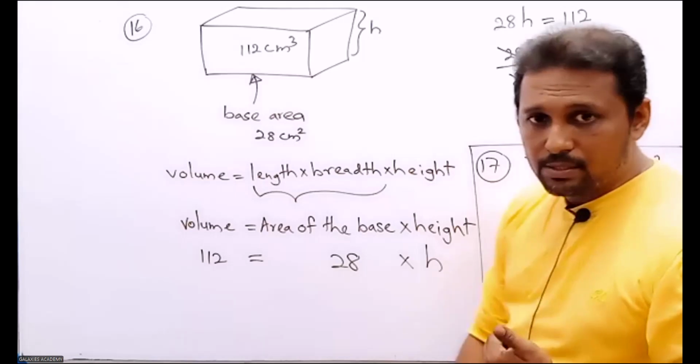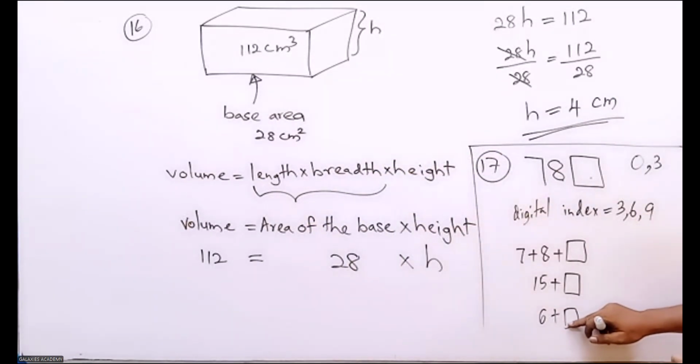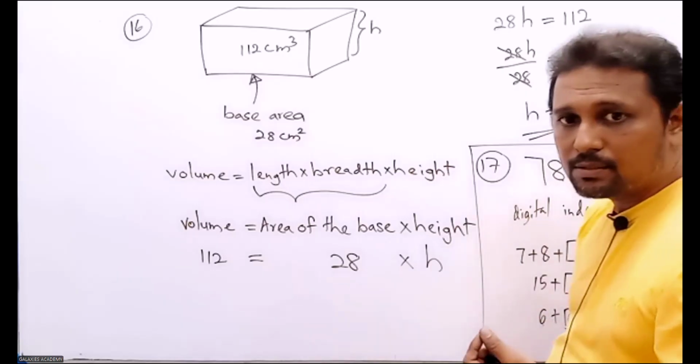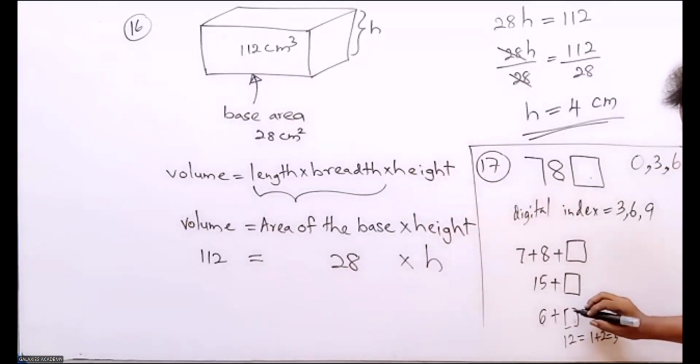Right. 3 suitable. Then also 6. Look at 6. Check whether if I put 6 here it is also correct. 6 plus 6, 12. 12 means 1 plus 2, 3. Yes. 6 also suitable. Right. Then another digit 9. Look at 9. 6 plus 9, 15. 15 means 1 and 5, 6.